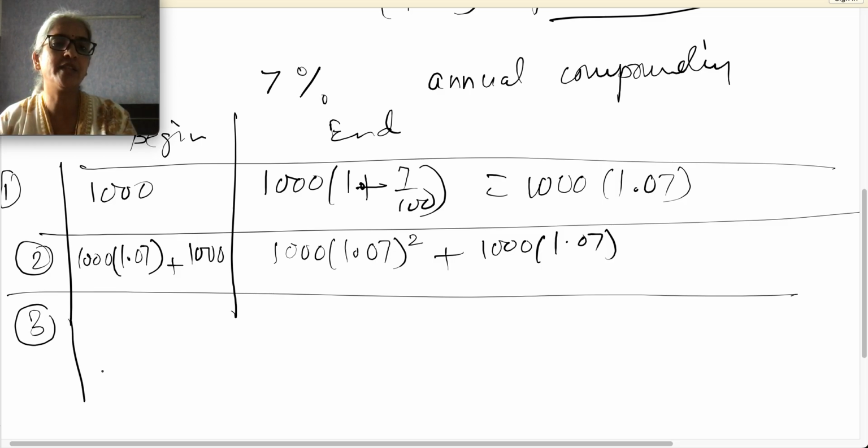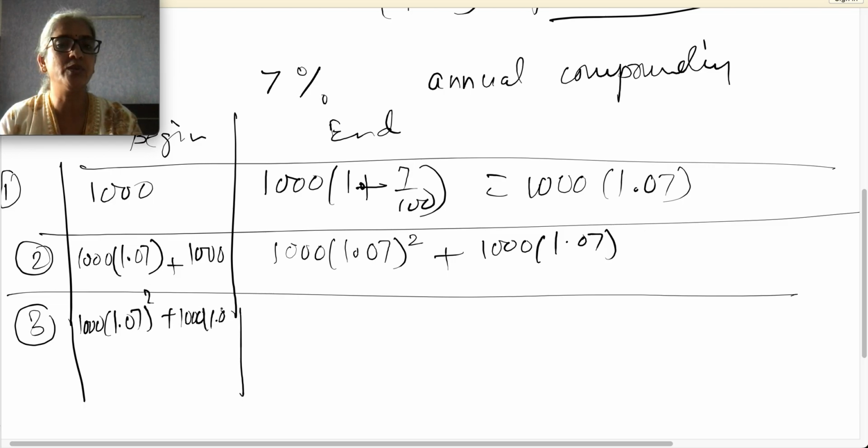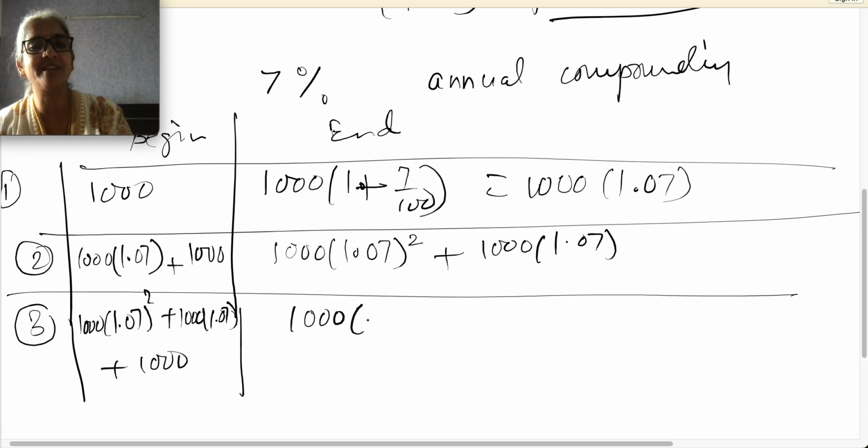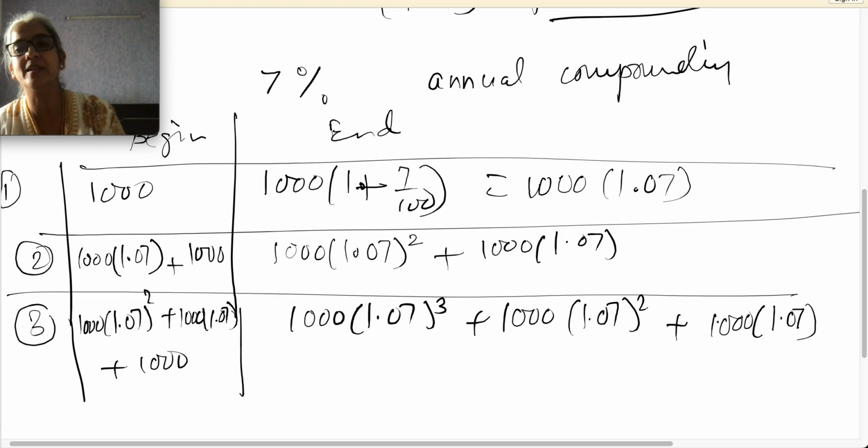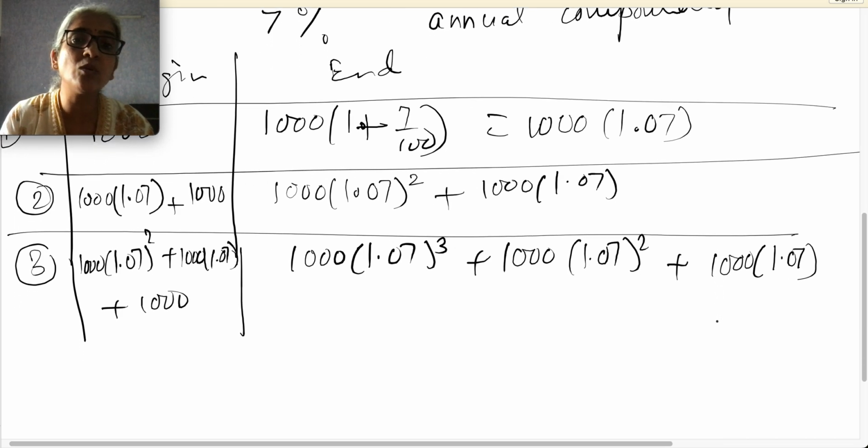At the beginning of the third year, I would have earned interest for 2 years on the first amount, 1 year on the second, and I would deposit one more $1,000. So at the end of the third year, I would have earned 3 years interest on the first $1,000, 2 years interest on the second $1,000, and 1 year interest on the third $1,000, and this goes on.